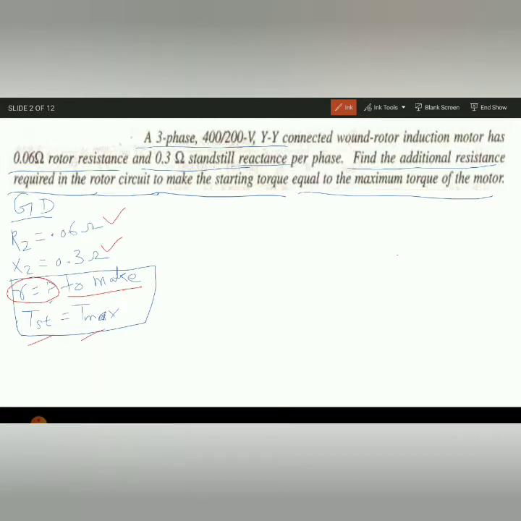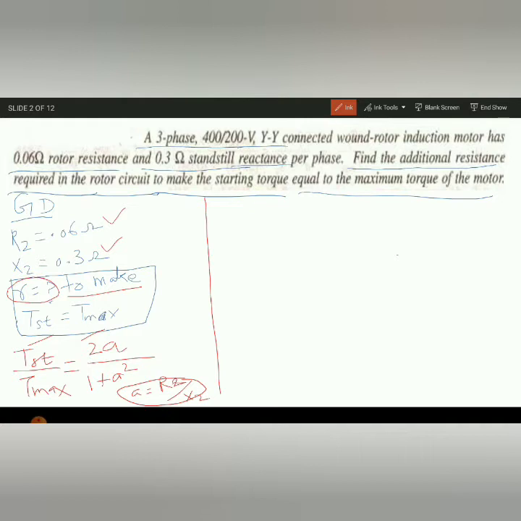We know the formula for the starting torque to maximum torque ratio: Tst by Tmax is equal to 2a divided by 1 plus a square, where a is equal to R2 by X2. By using this only we are going to solve.